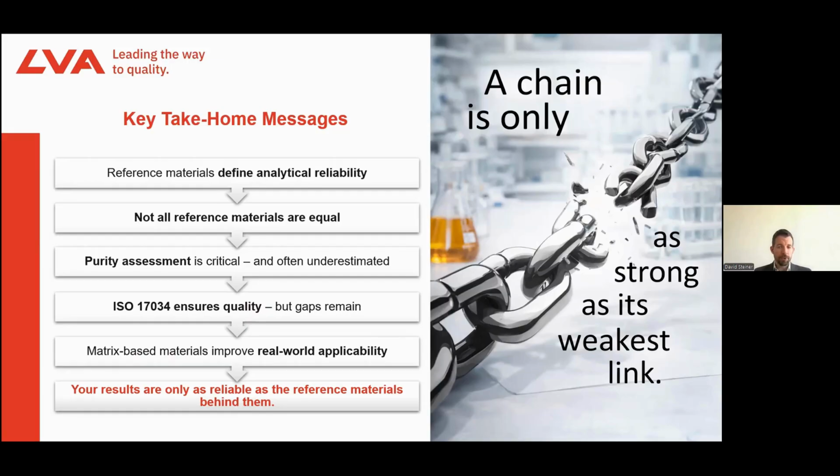In many laboratories, significant investments are made in highly sophisticated instrumentation, such as triple quadrupole MS or high-resolution mass spectrometers. However, the overall analytical quality can still be compromised if insufficient attention is paid to the quality of the reference materials used. And this actually leads to my final key message.